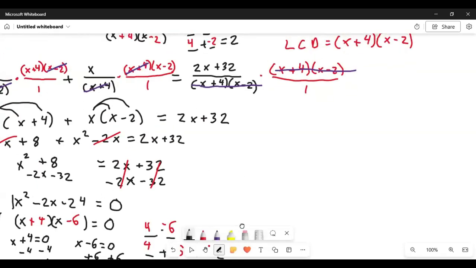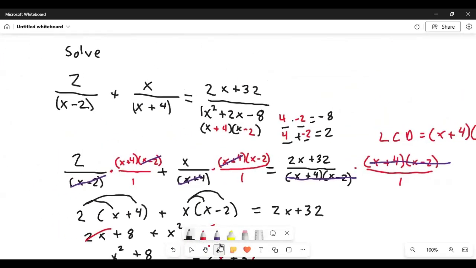Let's check that in the starting problem. If I put negative 4 here for the x, negative 4 minus 2 is not going to be 0. Cool, that works. But what happens if I put a negative 4 in for x in the second denominator? Negative 4 plus 4 is 0.